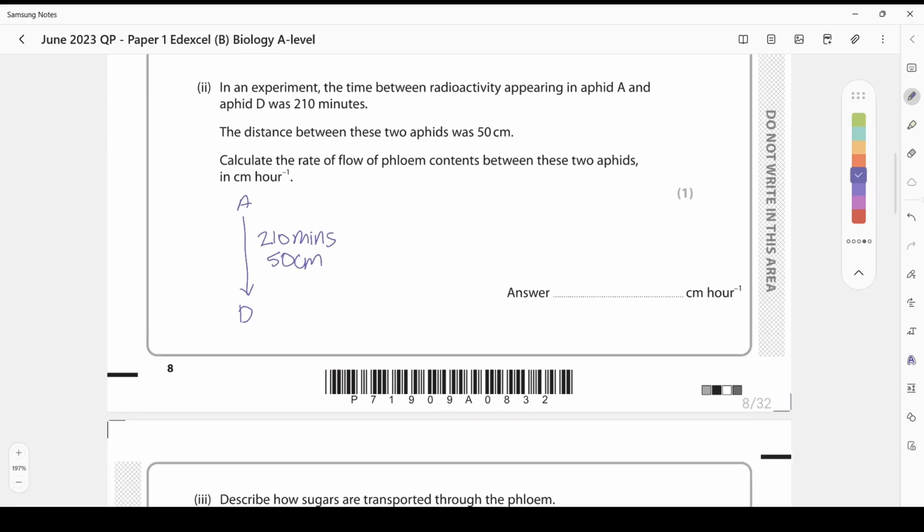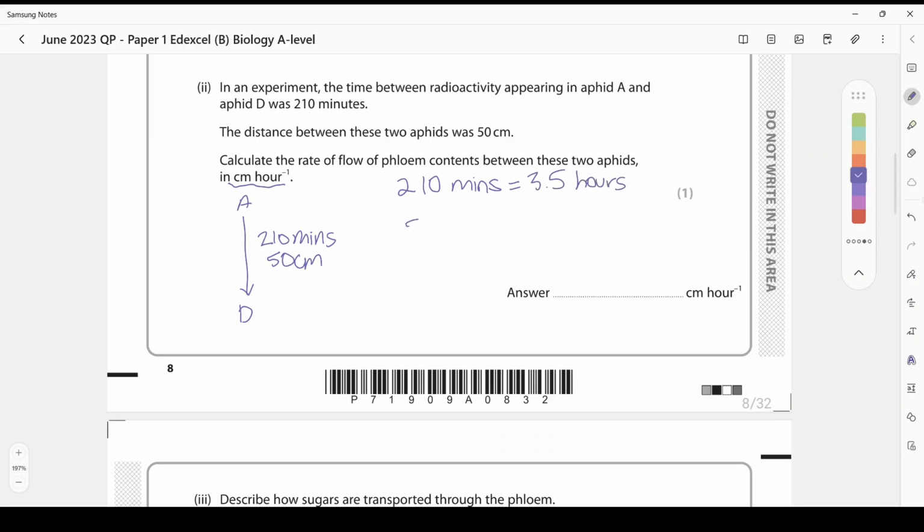Okay, so what we would do is figure out the distance and divide that by the time taken in hours. First, we have to convert the minutes into hours by dividing by 60. So 210 divided by 60 would give us 3.5 hours.